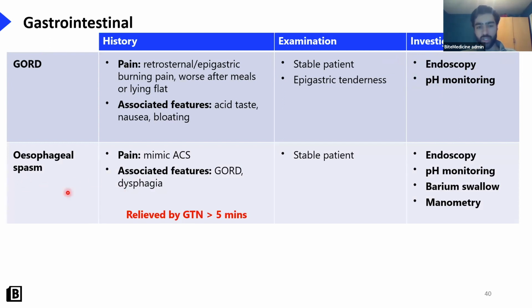Esophageal spasm can mimic acute coronary syndrome, or it can be very similar to GORD, and that's where your esophagus contracts and causes very severe, intense pain. It's associated with reflux, and it can cause problems with swallowing. Obviously, if your esophagus contracts, your food's not going to be slipping through nicely, and that's going to cause swallowing problems.